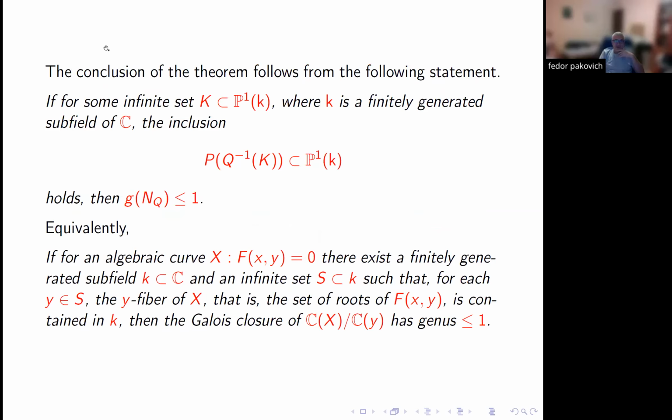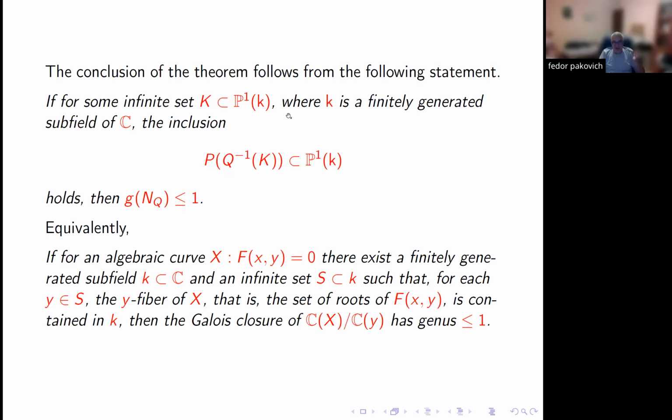So the conclusion of the theorem follows from the following statement, which is more general in a sense, and it's better to say that it uses weaker assumptions.